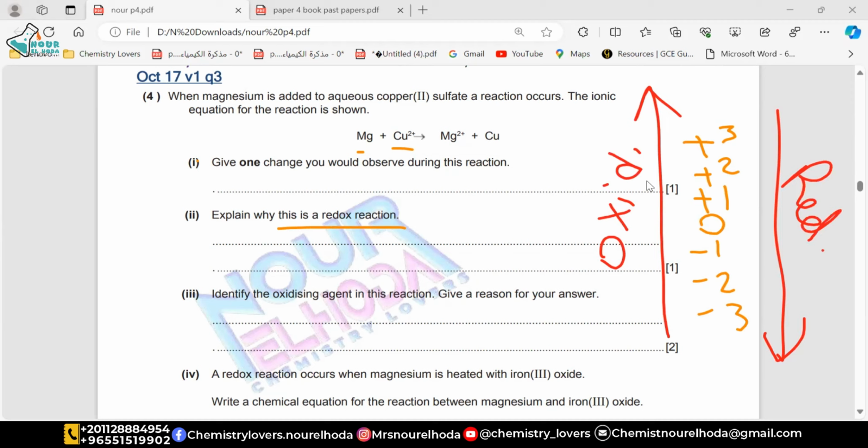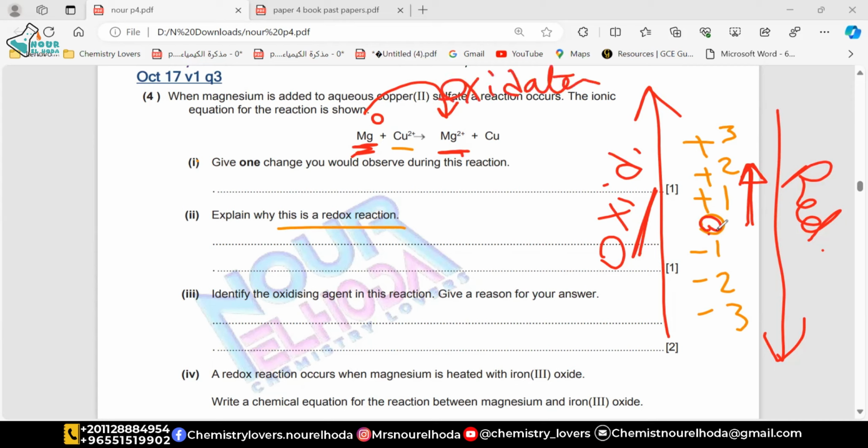Any element that doesn't have any number, like magnesium, doesn't have any charge, so it's 0. It's going to change to magnesium positive 2. So from 0 to positive 2, the oxidation number goes up, so this is oxidation.